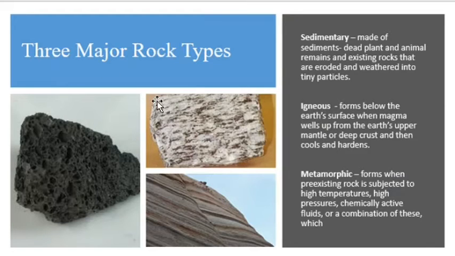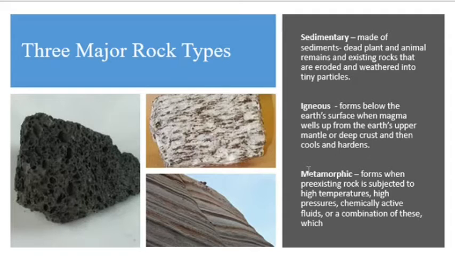So there are three major rock types yung sinabi ko kanina. Pag sinabing sediment, ay galing sa dead plants and animals and remains of existing rocks that are eroded and weathered into tiny particles. Igneous forms below the Earth's surface when magma wells up from the Earth's upper mantle or deep crust and then cools and hardens.